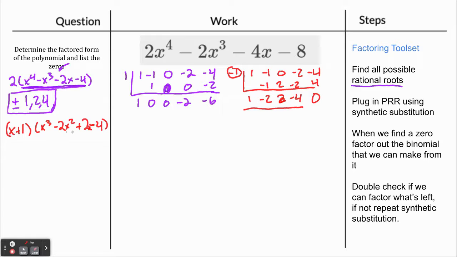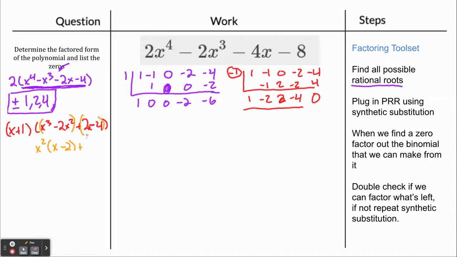So now I'm going to continue on. Let's look at this really quick. No greatest common factor that I can take out. It's not a quadratic. Maybe factor by grouping, so let's try that real quick. First of all, let's change colors so that I don't mix it up. If I were to factor by grouping, I can look at this as x to the power of 3 minus 2x squared, and then 2x minus 4. On the left side, I can factor out x squared, and I get x minus 2.